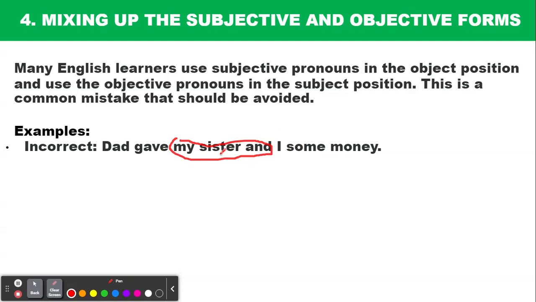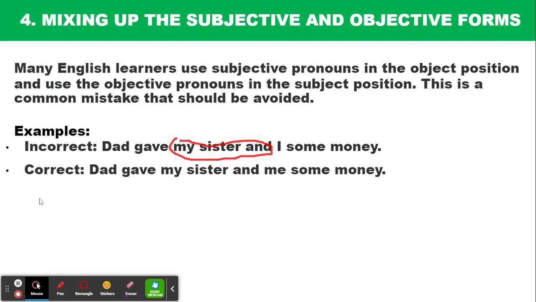Sometimes English learners get confused when there is another grammatical structure coming before what should be the objective pronoun. And so some people use the subjective instead of the objective. So the correct thing is to say, "Dad gave my sister and me some money."